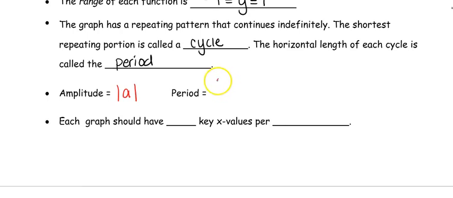Your period, in this case it was 2 pi, but we're going to take 2 pi and we're going to divide it by the absolute value of b, which again we'll get to. The period is the distance it takes for one cycle. Each graph should have 5 key x values per cycle.